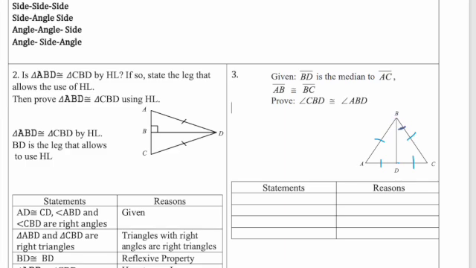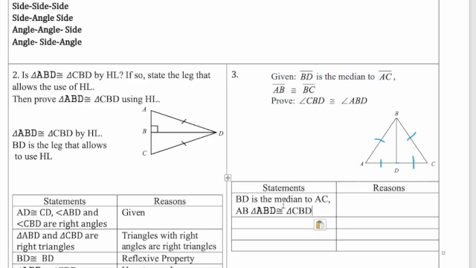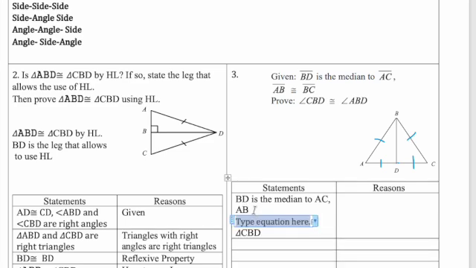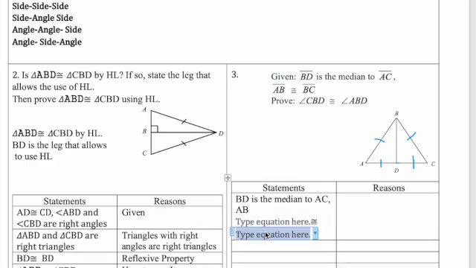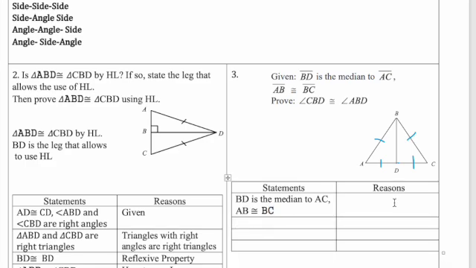Okay, so let me get started with my given. BD is the median to AC, and AB is congruent to BC, and this is given.